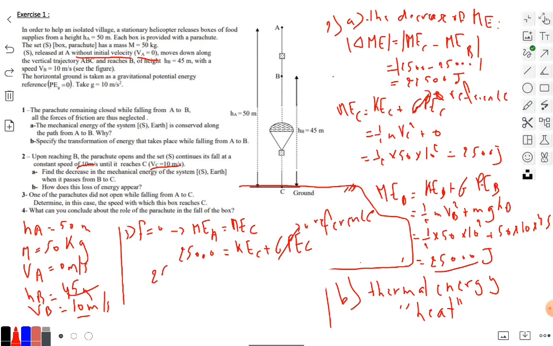So 25,000 equal half m VC squared, 25,000 equal half times 50 times VC squared. We obtain VC equal 31.6 meters per second.